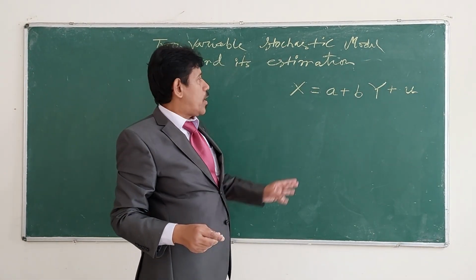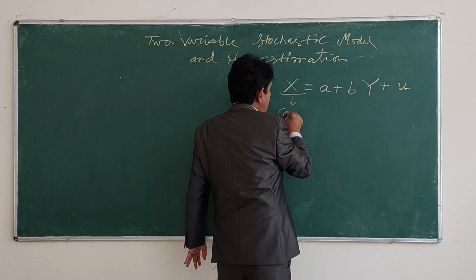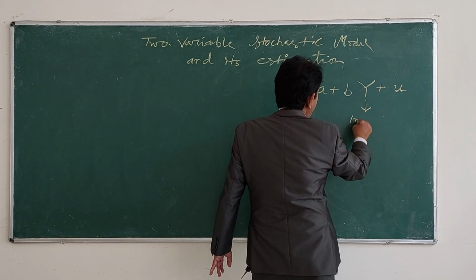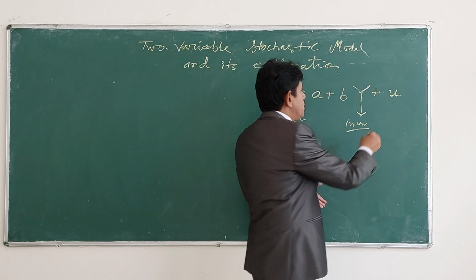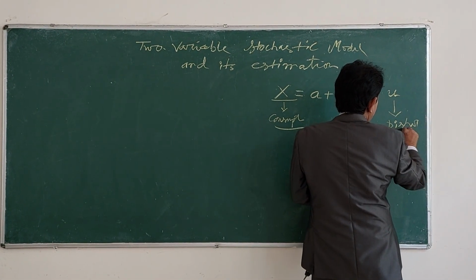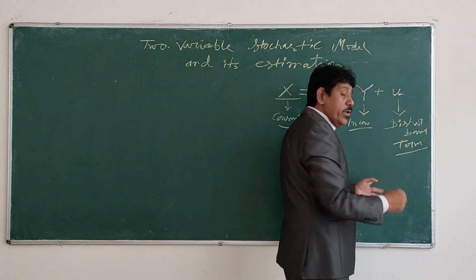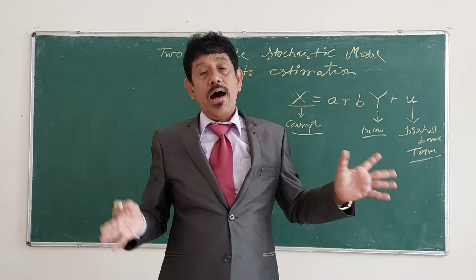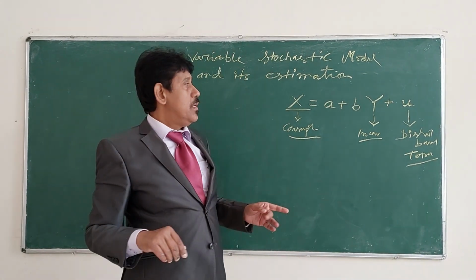This is the stochastic model where x is consumption, y is income, and most importantly, u is the disturbance term. So why do we include the disturbance term? Why do we incorporate the disturbance term in the model? I had analyzed the details yesterday in the last class.